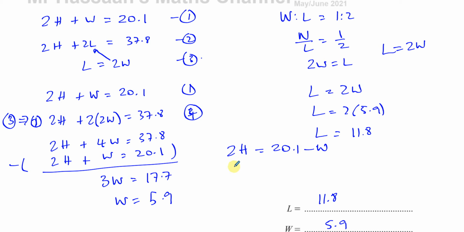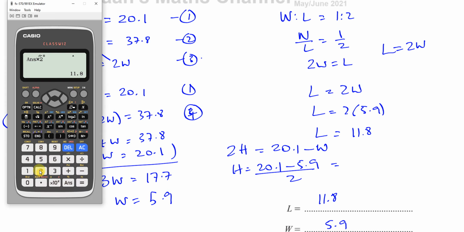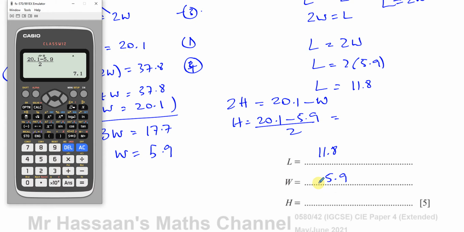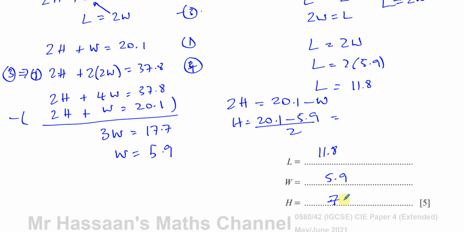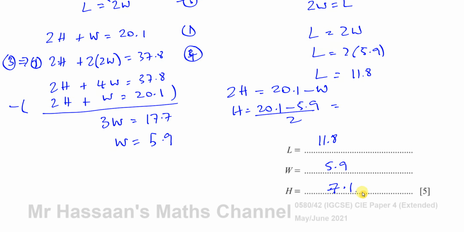So h is equal to 20.1 minus 5.9, all of that divided by 2, which gives you 7.1. So h is equal to 7.1. There's the answer to this question.